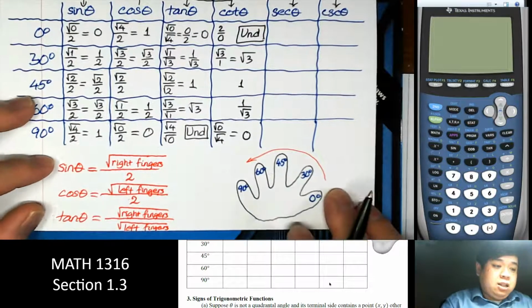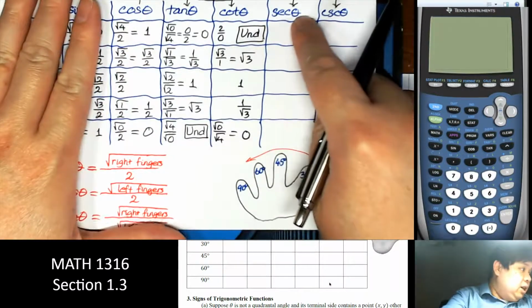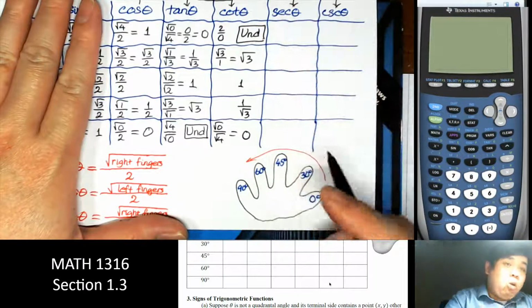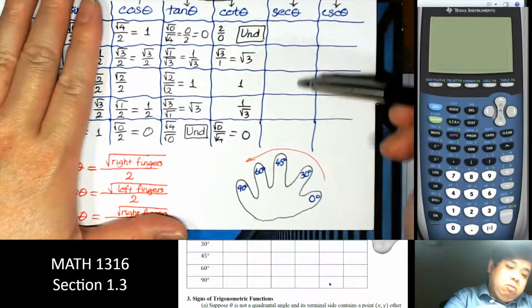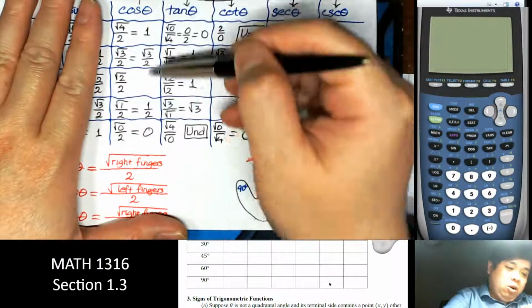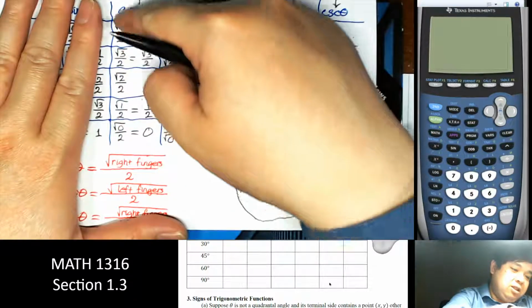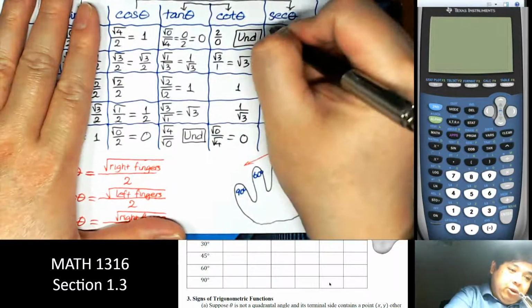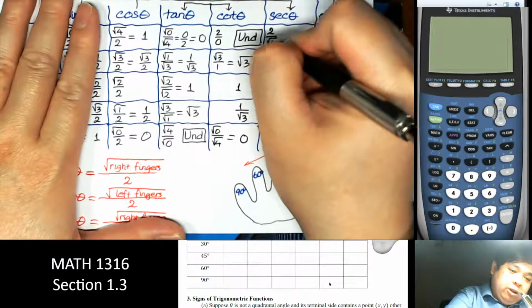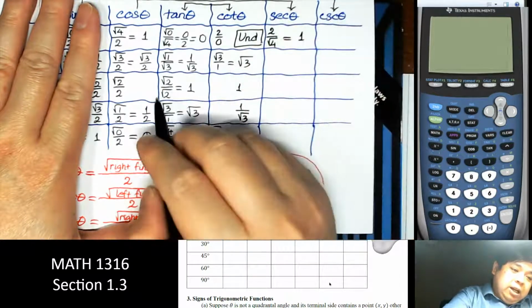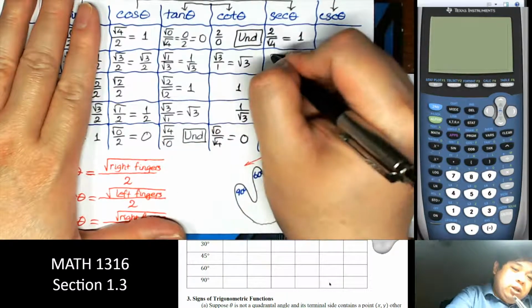Now, next, the secant. We have a few more practice of this. Secant is the reciprocal of this, so we're going to flip all of these fractions to 2 over square root of 4. So this is 1. Here we have square root of 3 over 2. We just flip it.